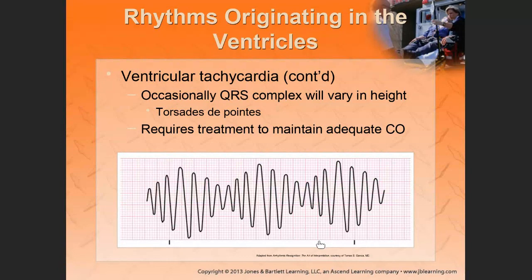It's an ugly rhythm. You cannot clearly identify your waveform. The only thing you can really identify is your QRS complex, and they are wider than 3 small boxes. So the QRS complexes are wide.